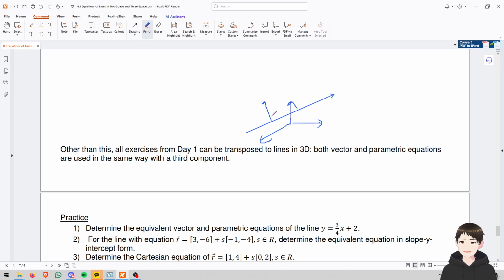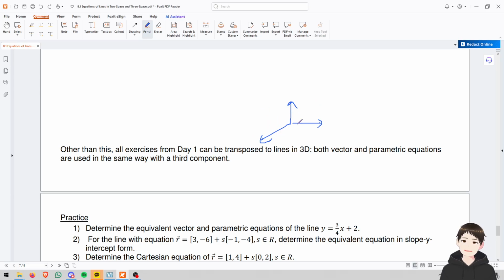My normal could be here. My normal could be there. It could be there. So there's no such thing as a normal of a line in 3D, because there are so many vectors that can spin around, like a disc or a piece of paper that was skewered by the line.